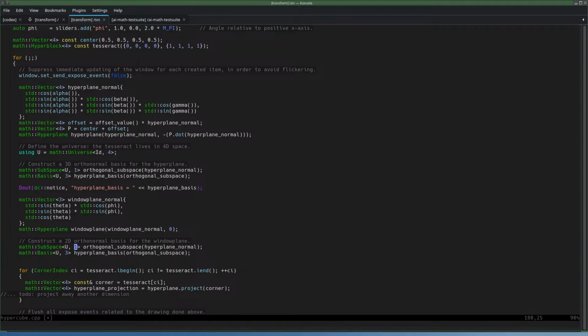It's still one-dimensional, but we have to pass here the window plane normal in universe coordinates. And it definitely isn't, because it's a three-dimensional thing. Where's my window plane normal here? It's a three-dimensional vector, so how do you fit that in the universe? I can't use the same name here.